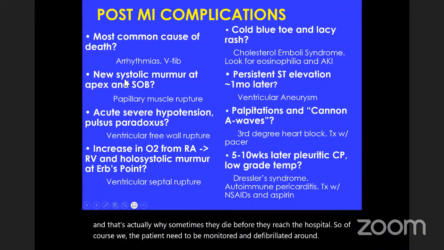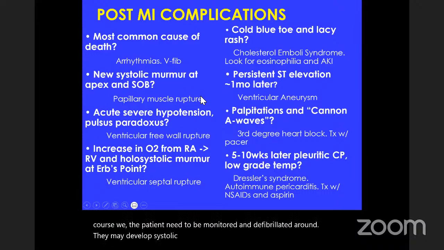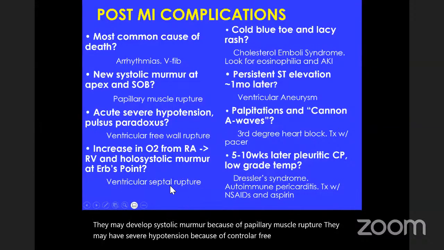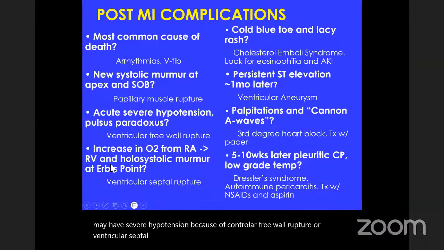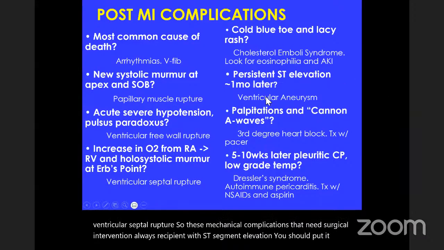They may develop a systolic murmur because of papillary muscle rupture. They may have severe hypotension because of ventricular free wall rupture or ventricular septal rupture. So these mechanical complications need surgical intervention; always when you see a patient with ST segment elevation, you should keep it in mind and look for it.